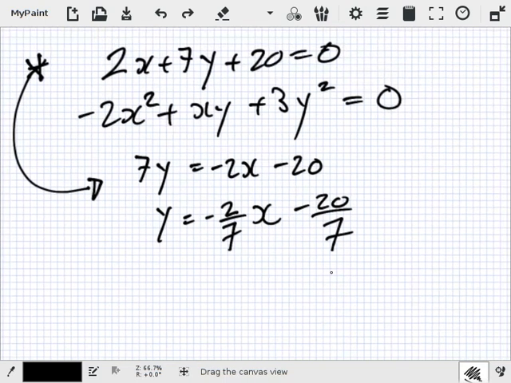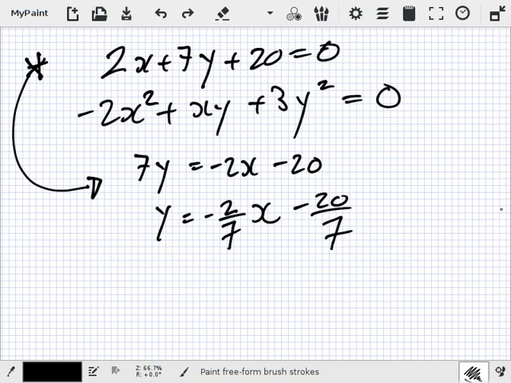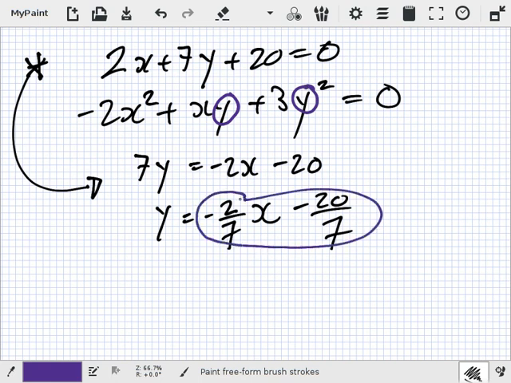No. All we'll do is, in this equation, where we see y, we'll just replace it with this, because this is equal to y. So those two appearances of y get replaced by this expression in x.